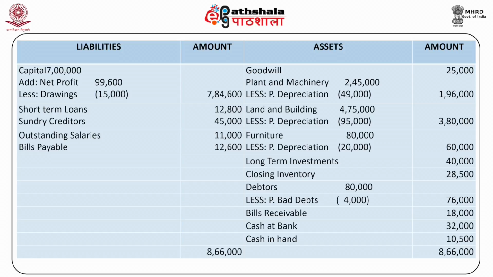Long-term investments 40,000. Closing inventory 28,500. Debtors 80,000. Less provision for bad debts 4,000. So the net figure is 76,000. Bills receivable 18,000. Cash at bank 32,000. Cash in hand 10,500. The total of this comes to 8,66,000.